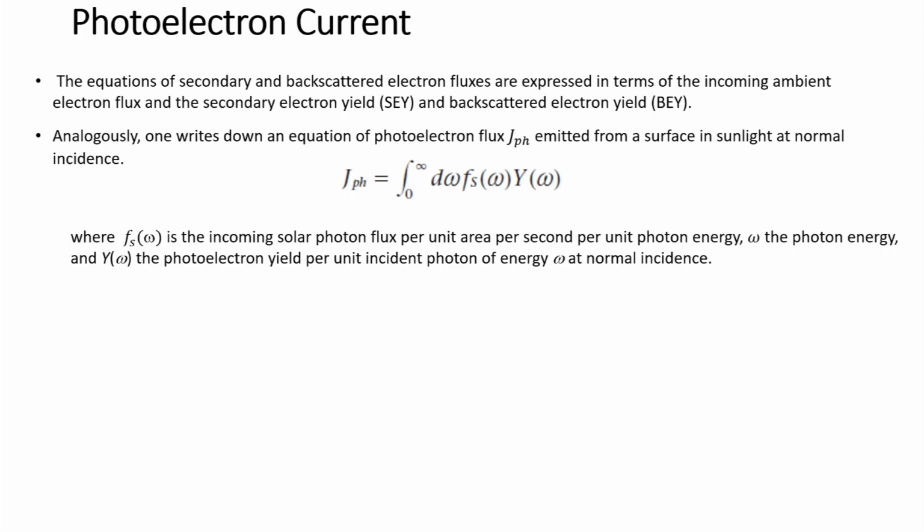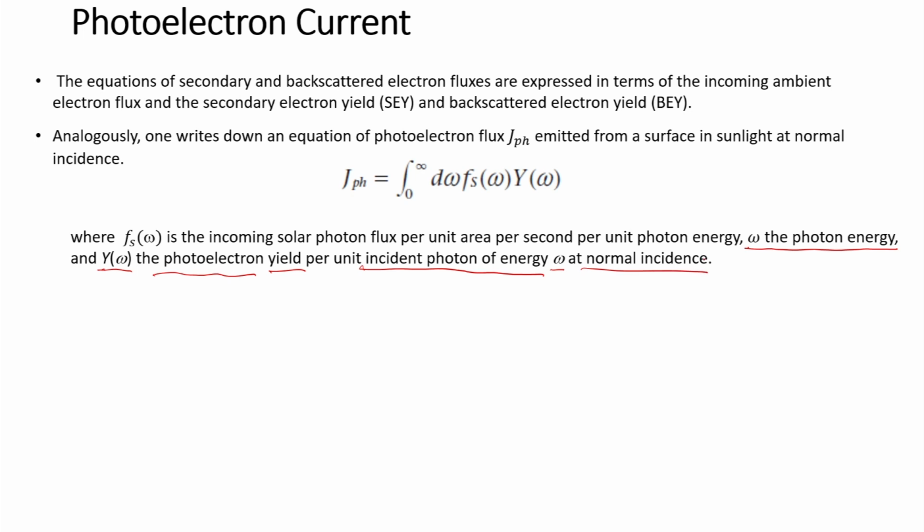Here the omega term is used for the photon energy, like we used E there, and Y of omega is the photoelectron yield. This is again per unit incident photon of energy omega at normal incidence.